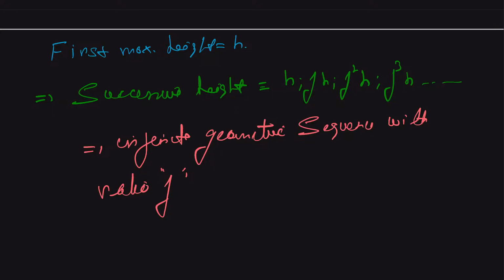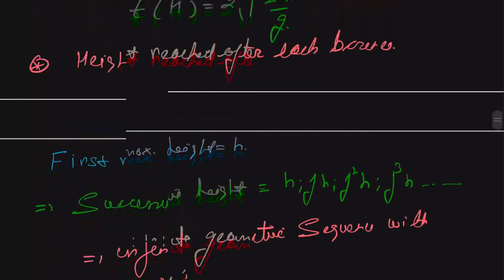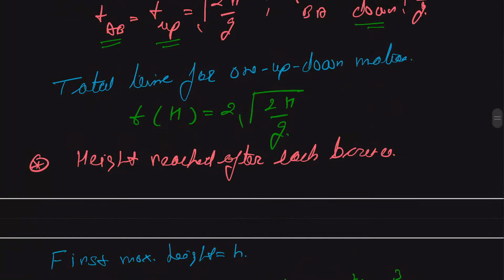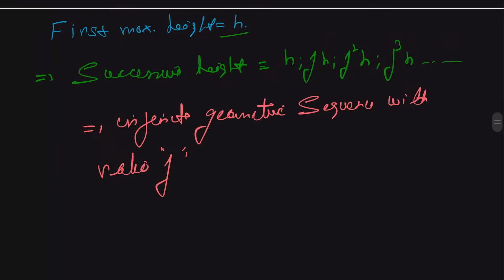And let us calculate the total distance with respect to this height, small h rather. The general formula we have derived was with respect to capital H. Later on we are going to use it with respect to the small height, small h.